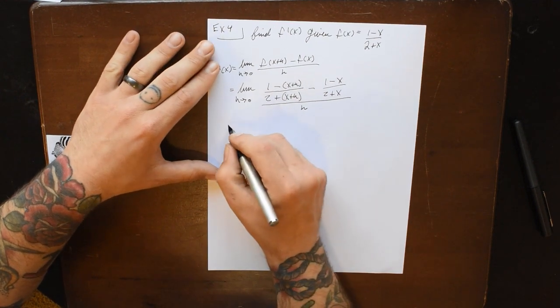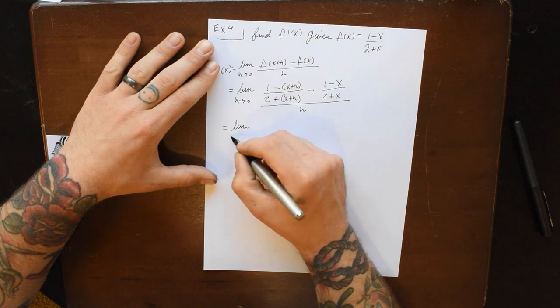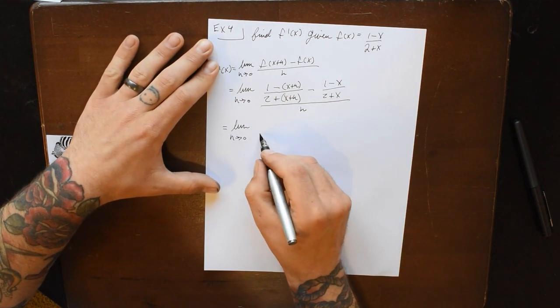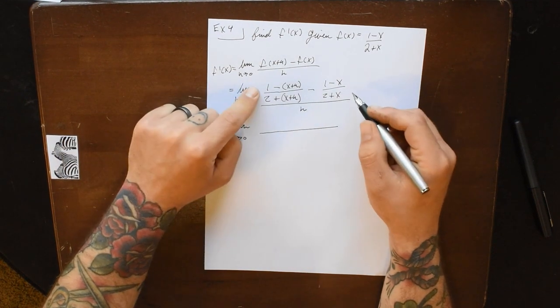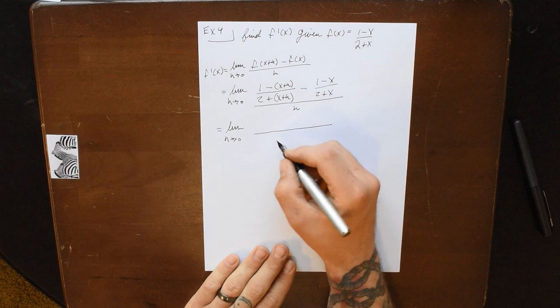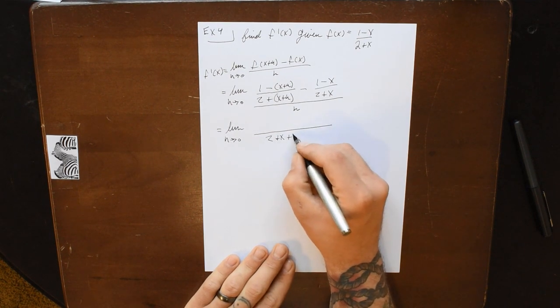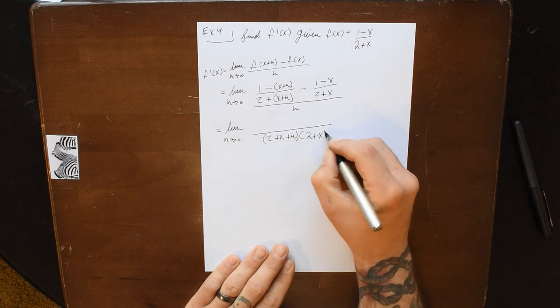I'm going to do kind of a couple steps at once here. Limit as h goes off to 0. In the denominator of our numerator, we're going to have 2 plus x plus h times 2 plus x.